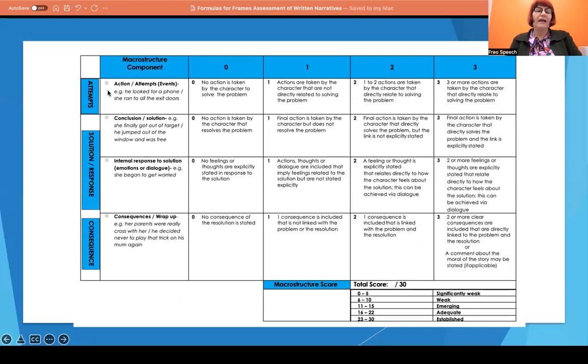Over here, the attempt. So this is after the problem and before the solution. And you'll see that's really interesting that the little girl that wrote the two samples didn't have any attempts in her first sample, but had a multitude in her second.